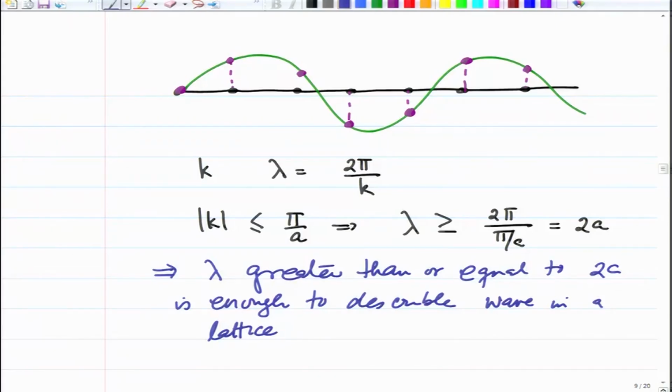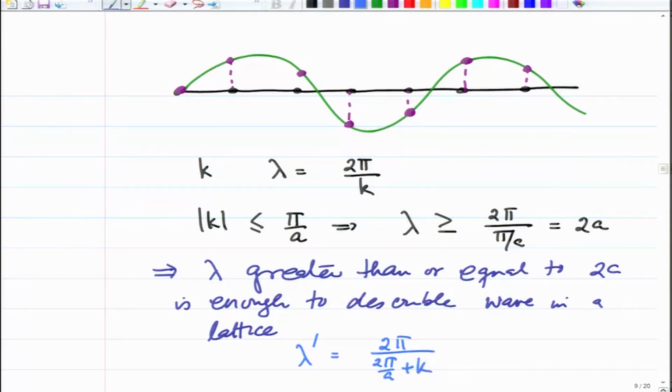Suppose I take a shorter lambda, lambda prime, which corresponds to some k prime which is 2 pi over a plus k.